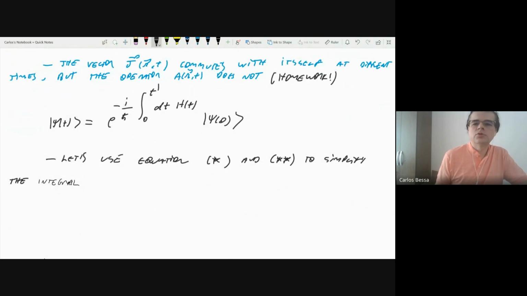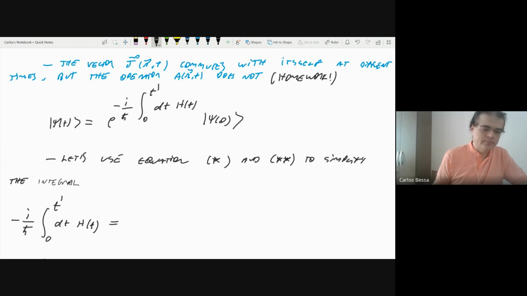Okay, so let's use these equations that we defined before, and then just write here the expression to simplify this. So, the integral from 0 to t of dt' h of t.